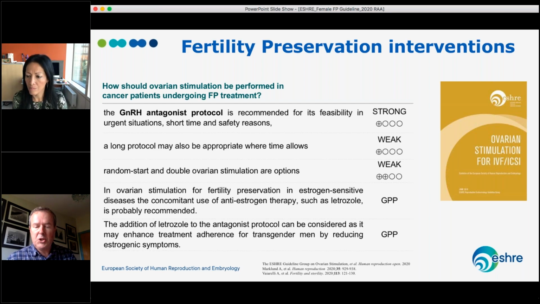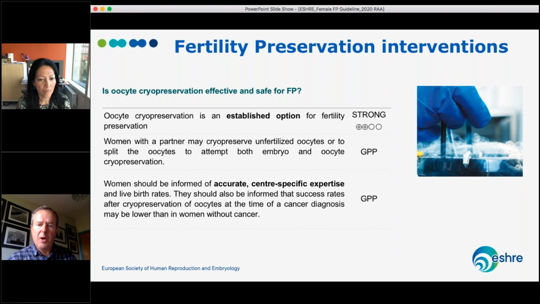For ovarian stimulation in breast cancer, or indeed in transgender men, we recognize the value of anti-estrogen treatments such as letrozole, aromatase inhibitors, in both those situations, but without really very robust evidence for their benefits, and therefore their good practice points.